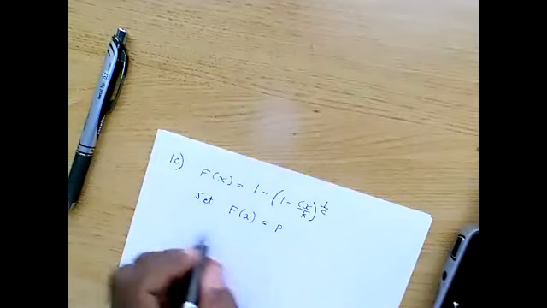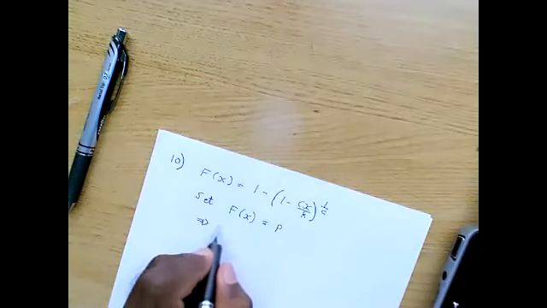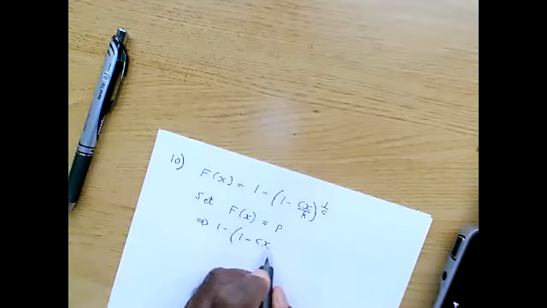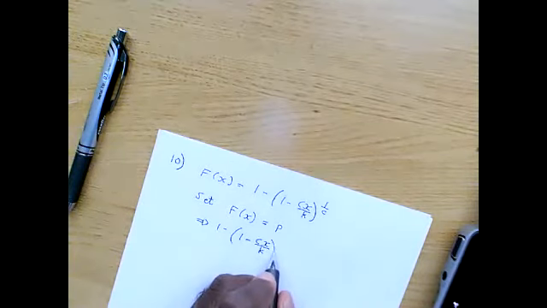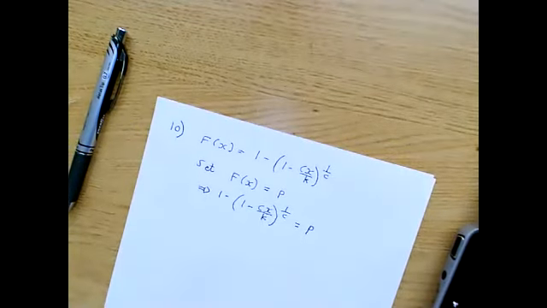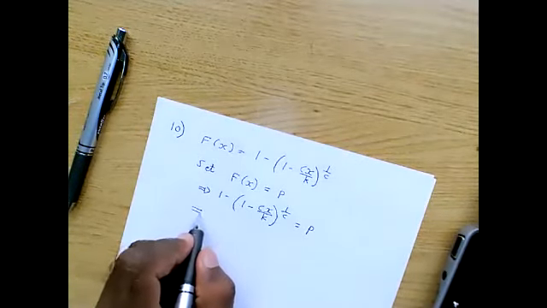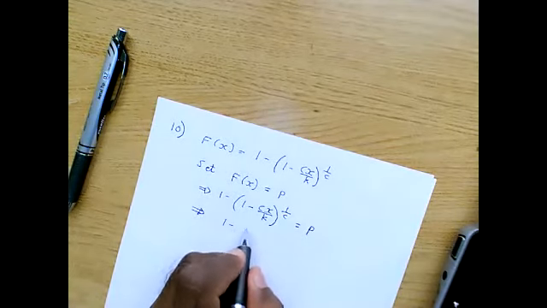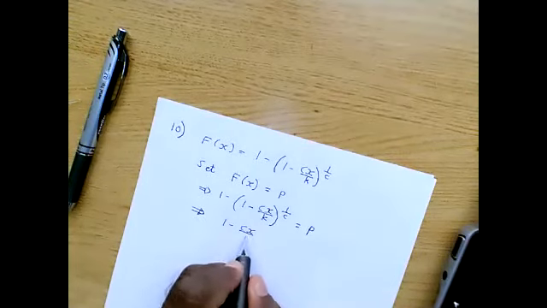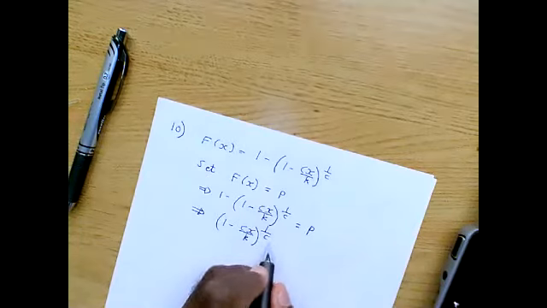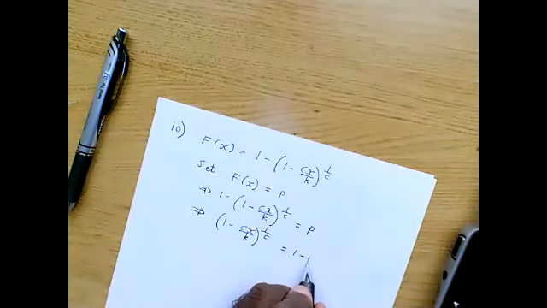To find the VaR, we set this to p, so this becomes 1 minus... it's equal to 1 minus p.